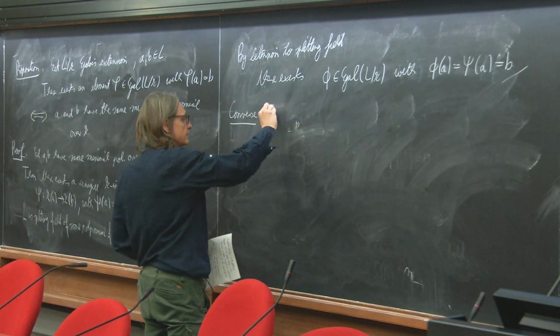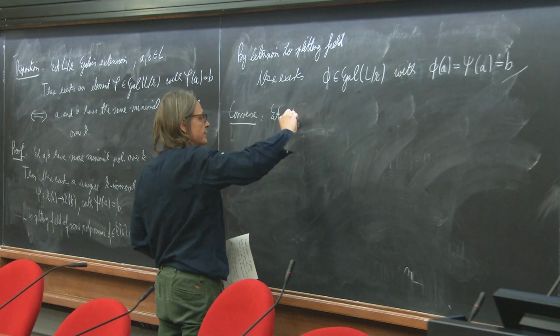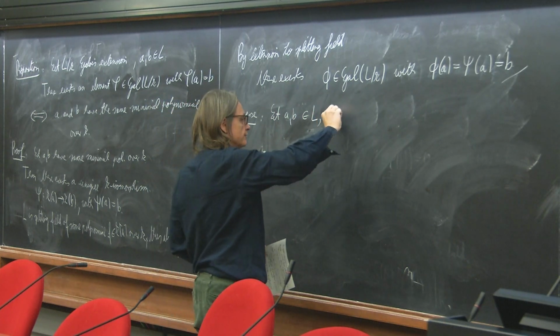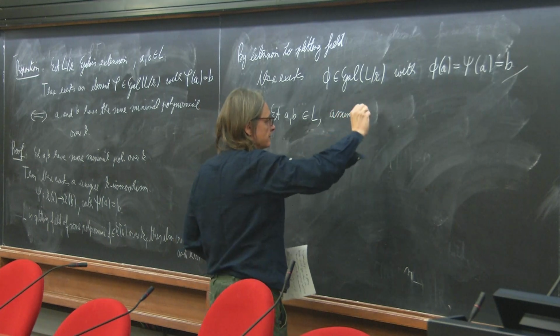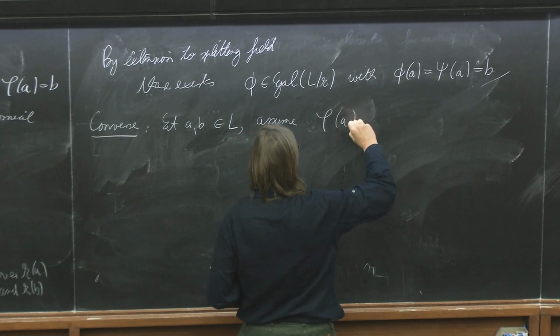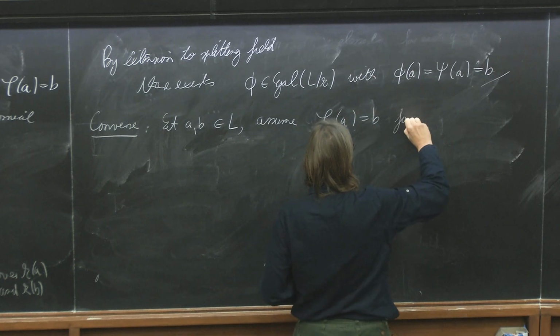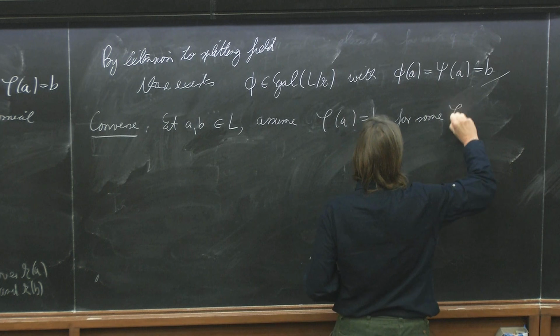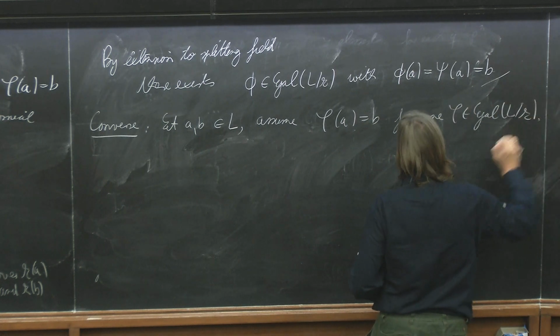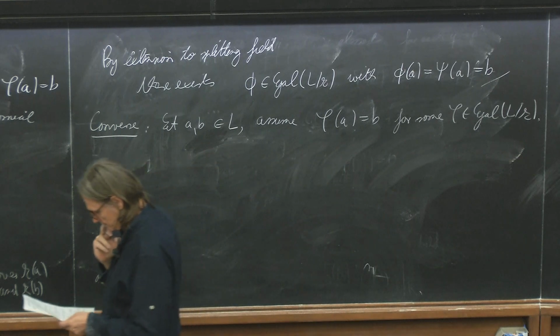So let a and b be elements in L, and phi an element of the Galois group sending a to b.